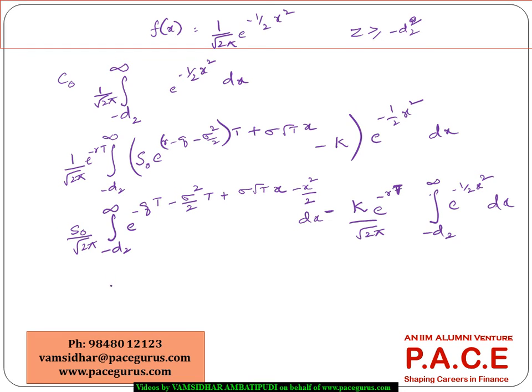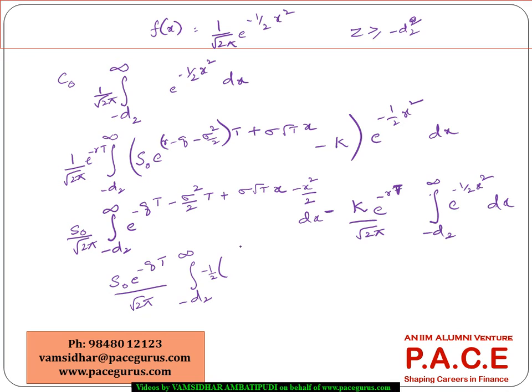Here e to the power of minus qt is a constant, so I can take it out as S naught e to the power of minus qt divided by root 2 pi, integral from minus d2 to infinity. This I can very well write as, taking out minus half: sigma squared t plus half sigma root t times x minus x squared by 2.